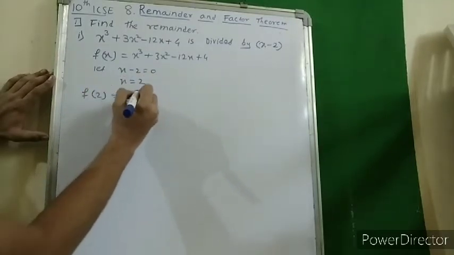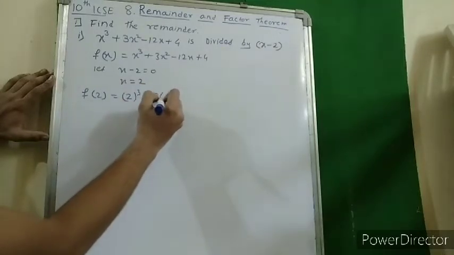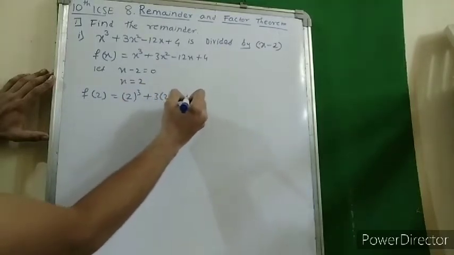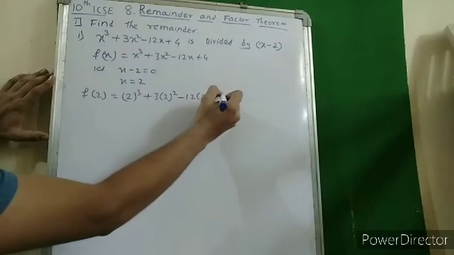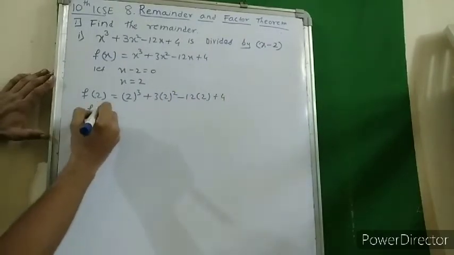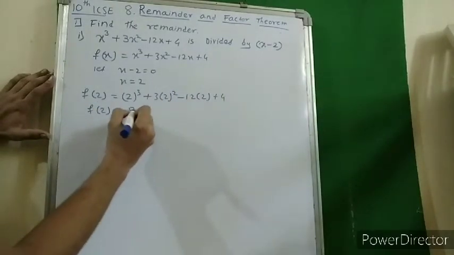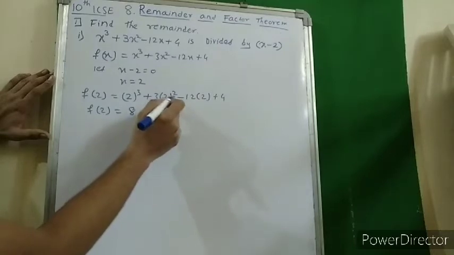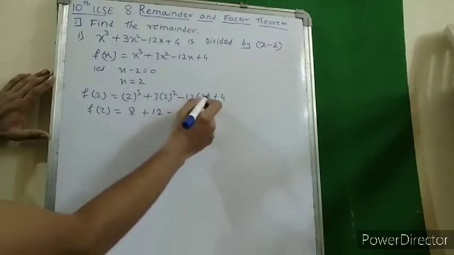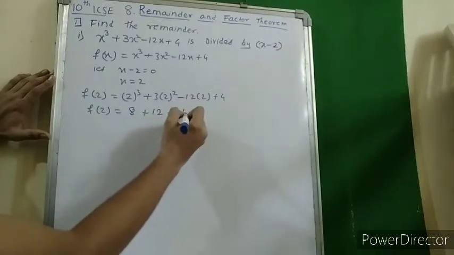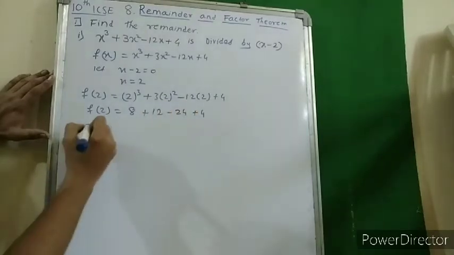2 cube plus 3 into 2 square minus 12 into 2 plus 4. 2 cube is 8. 2 raised to 2 is 4. 4 3s are 12. 12 2s is 24, plus 4.